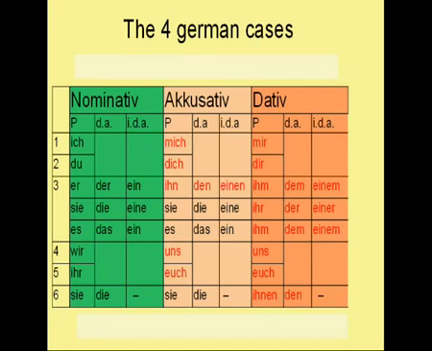So let's see some examples. The woman answers the child. Which word in the sentence is the subject and which word in the sentence is the object? The subject obviously is the woman. The woman is feminine in German, and the is the definite article.